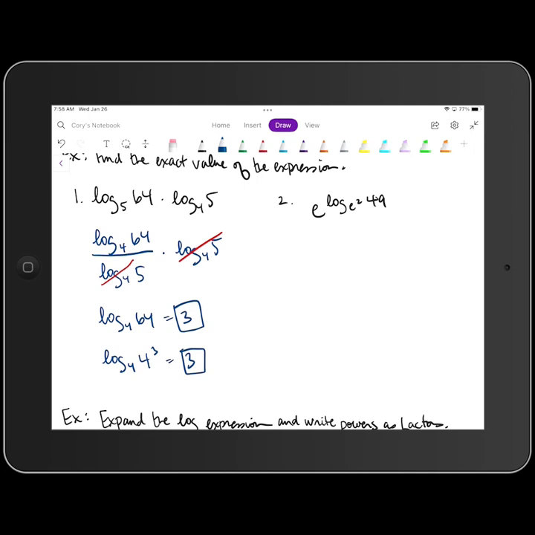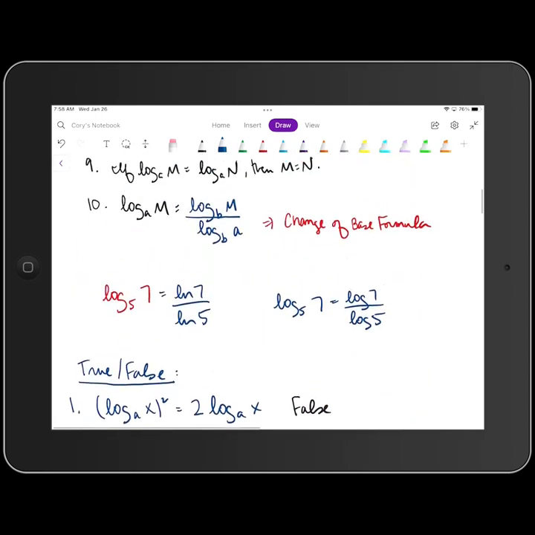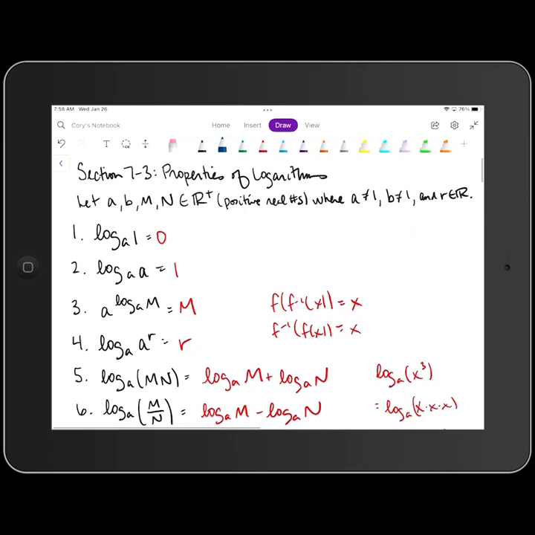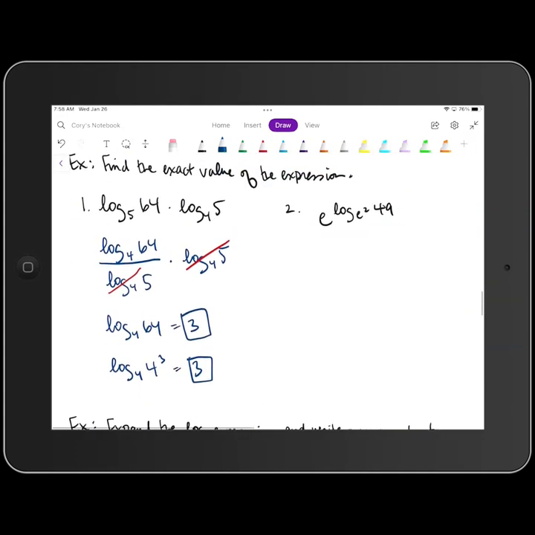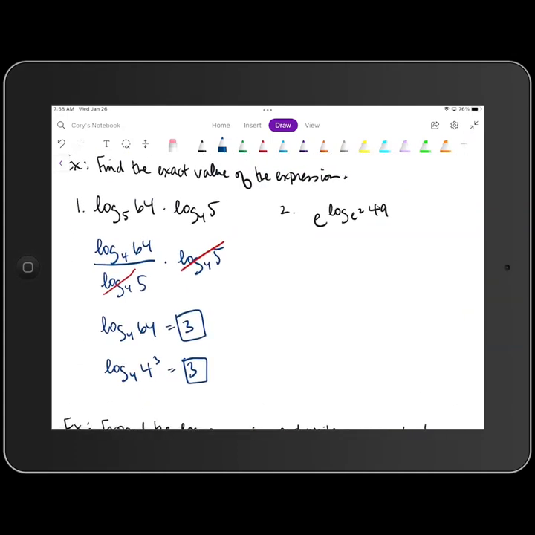Okay, so when we move on to number 2, we have e raised to the power of the log base e squared of 49. Now, this example here, I think most closely resembles property number 3, where we have an exponent raised to a log power.